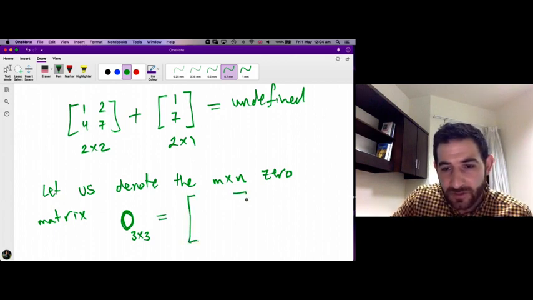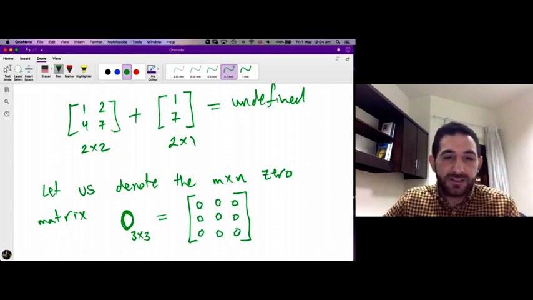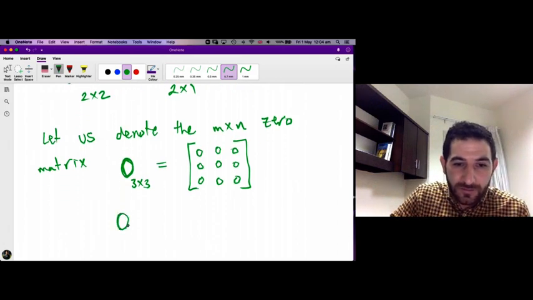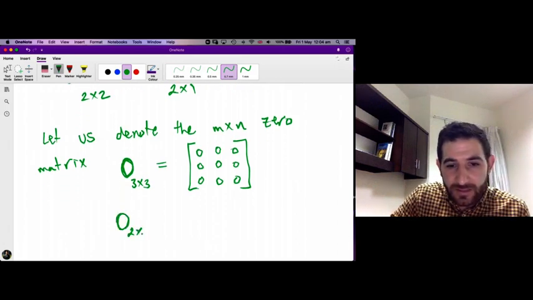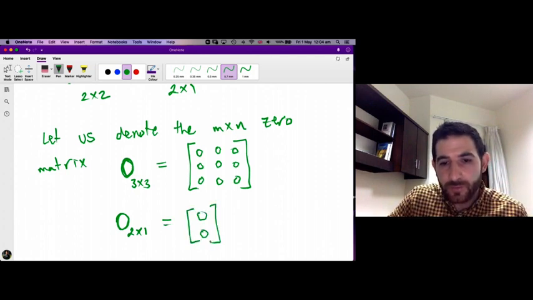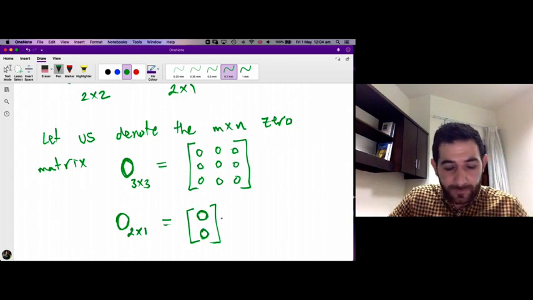It's the matrix which consists of 3 rows, 3 columns, and all the entries are zeros. For every dimension there's a zero matrix. So the 2 by 1 zero matrix has 2 rows and 1 column, and all the entries are zeros.